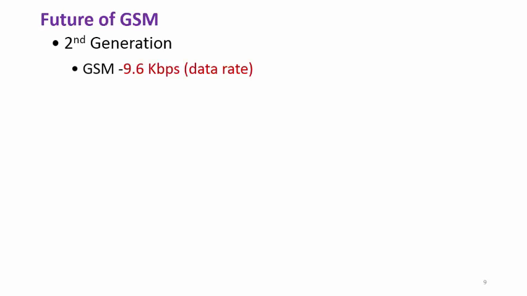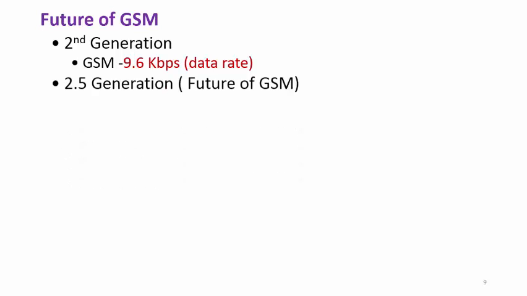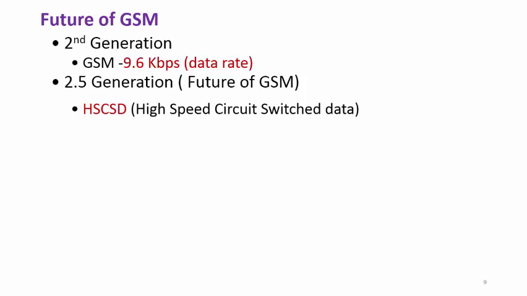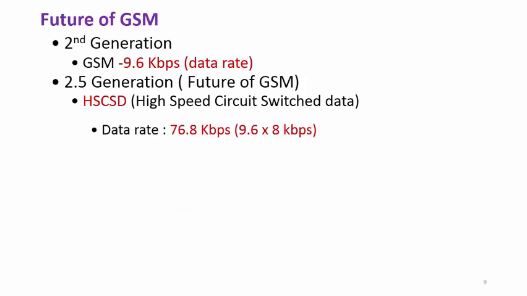Then we will see the features of GSM. The second generation of GSM provides a 9.6 kbps data rate. The next generation, that is 2.5G, consists of HSCSD, that is high speed circuit switched data service.